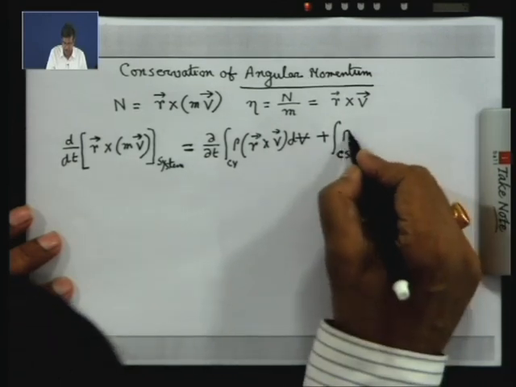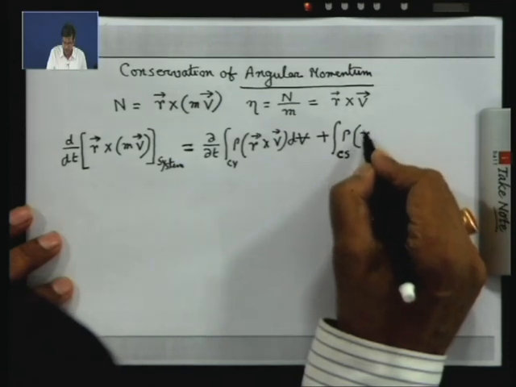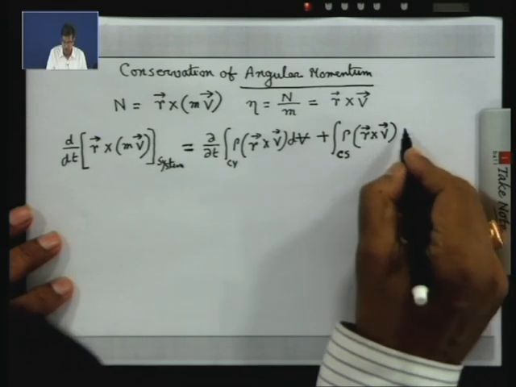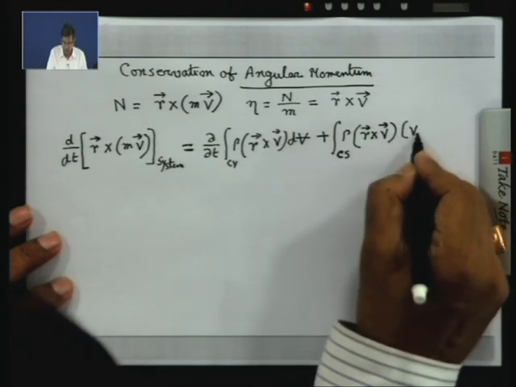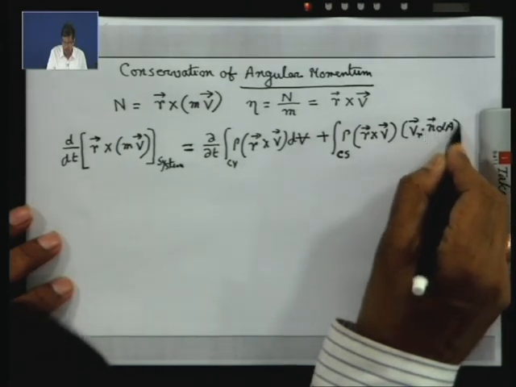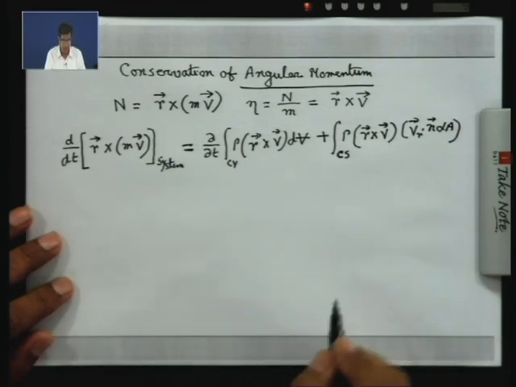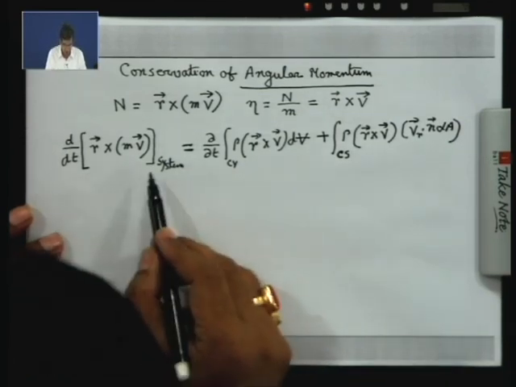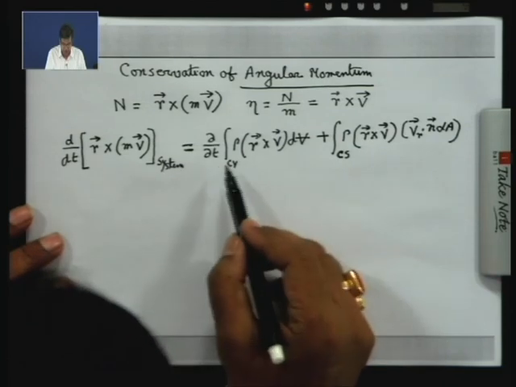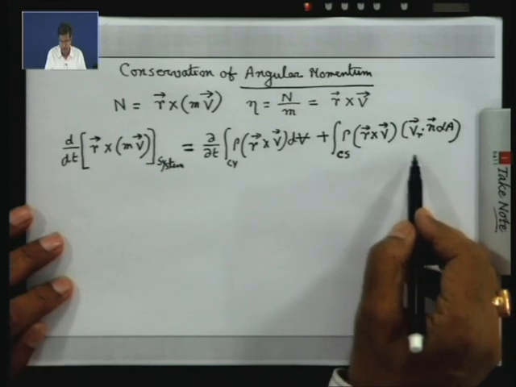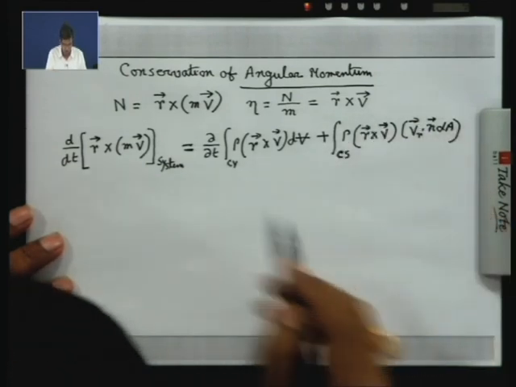That is eta, the angular momentum per unit mass, times v_r, the relative velocity with respect to the control volume, the flux. Flux is always defined like this. So this is the rate of change of angular momentum within the control volume plus the net rate of efflux of angular momentum from the control volume.